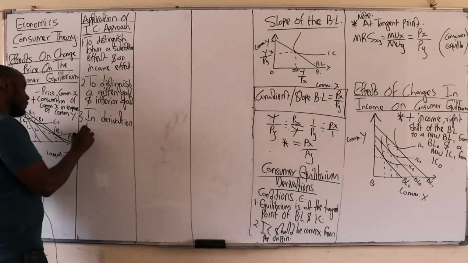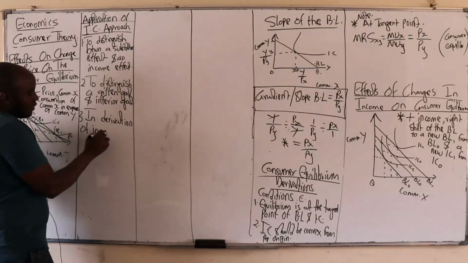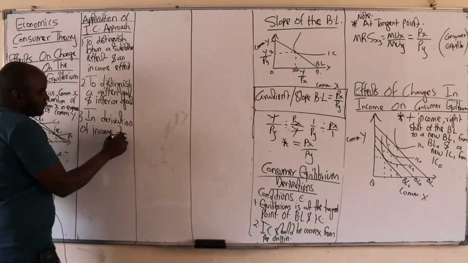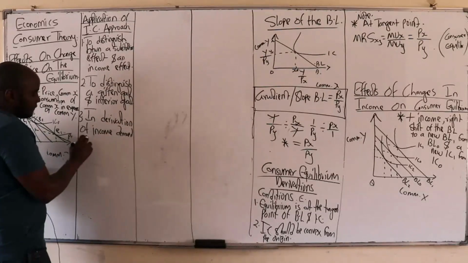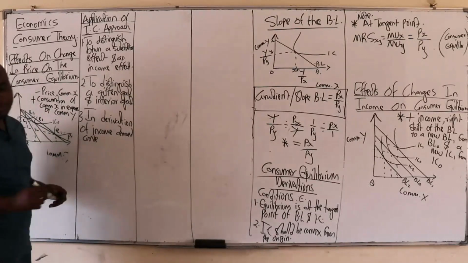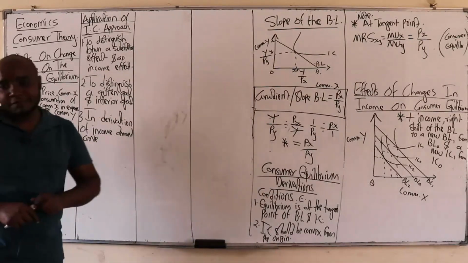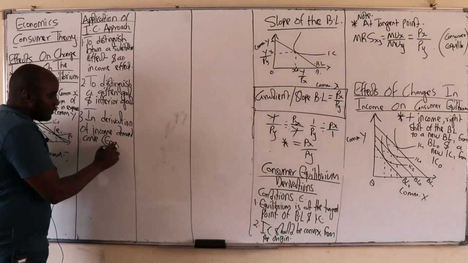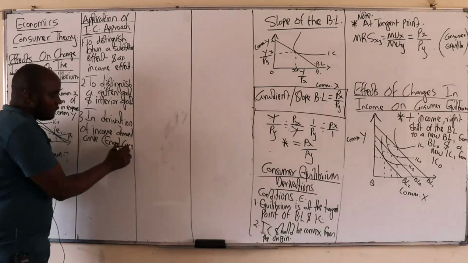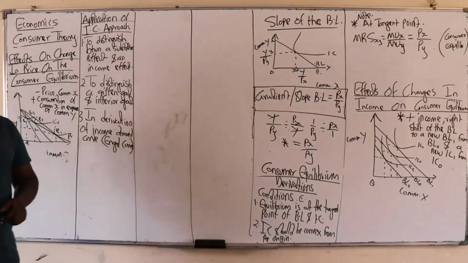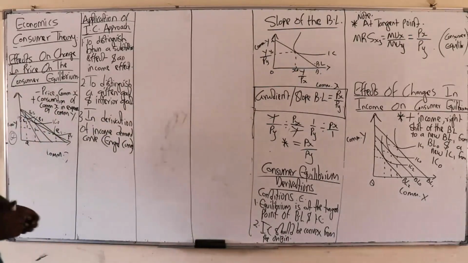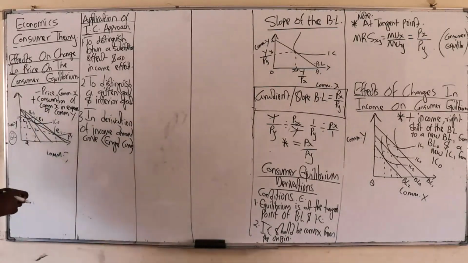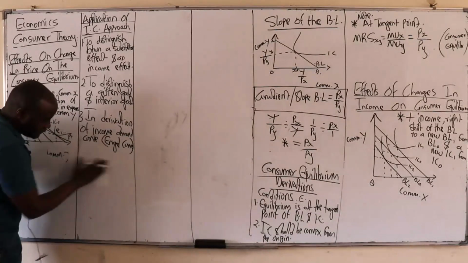In short, what we are talking about is the Engel curve. How does it come in? It's like this.